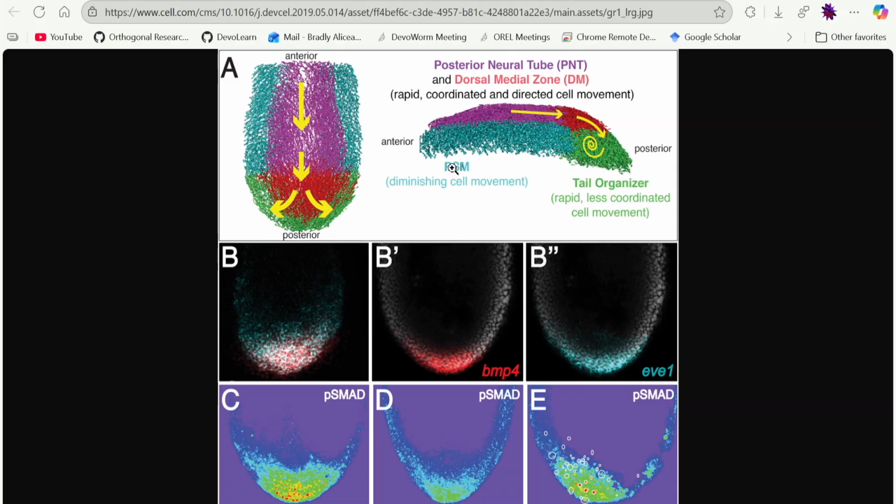If you perturb this system, it will affect the movement of cells and extinguish the potential to form a tail. And then when you have all these cells down here being organized in the tail, there are mechanical interactions that accentuate the formation of the tail at the posterior end.